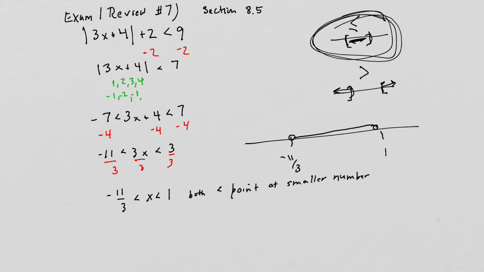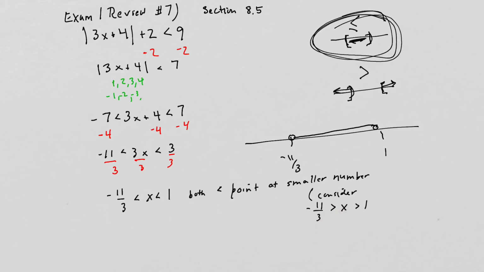Just look. If you had the x in the middle and both inequalities pointing this way, you'd be saying, first of all, the x's that are smaller than negative 11 thirds, like negative 5 or negative 10, but which are larger than 1.